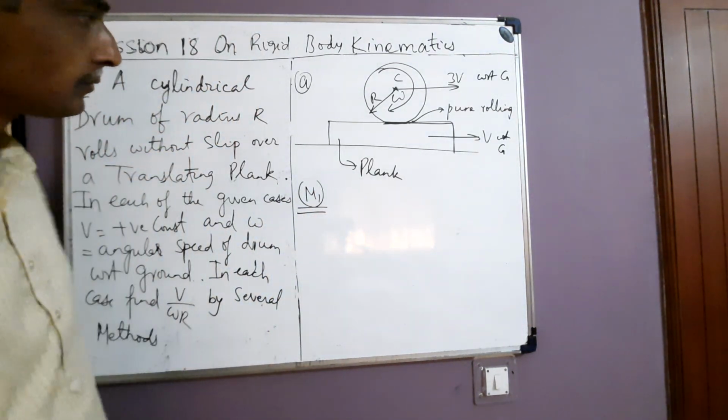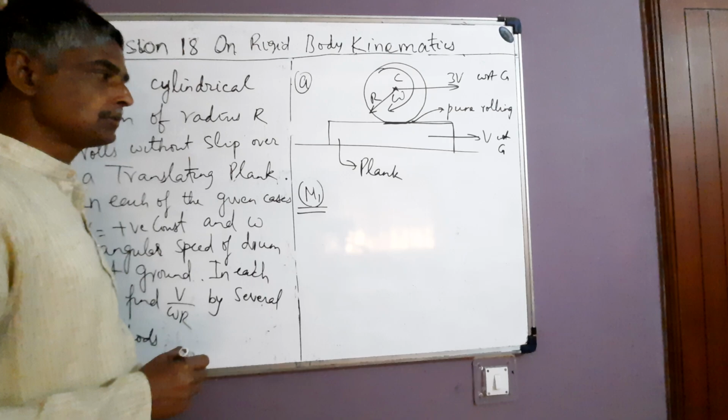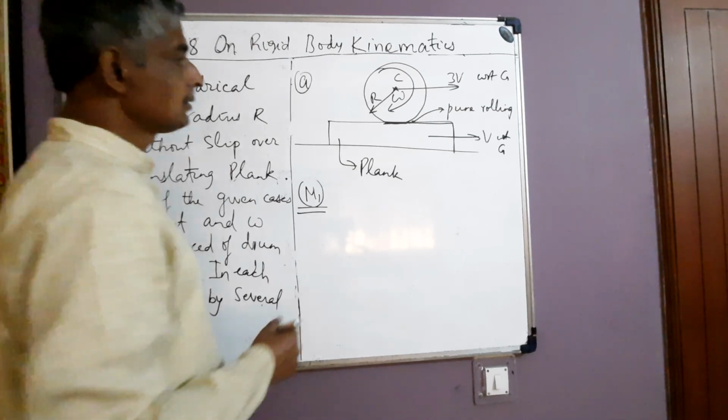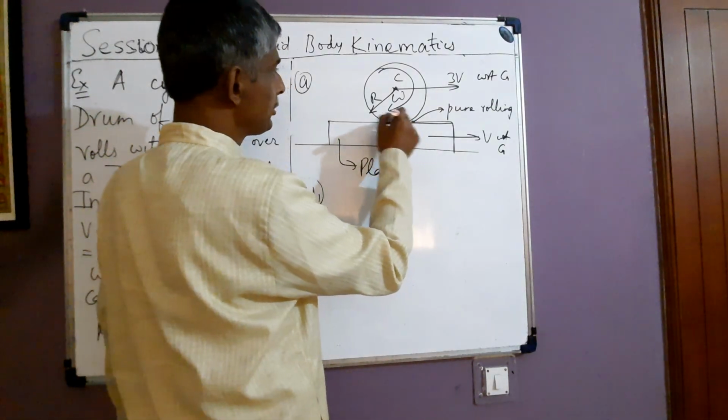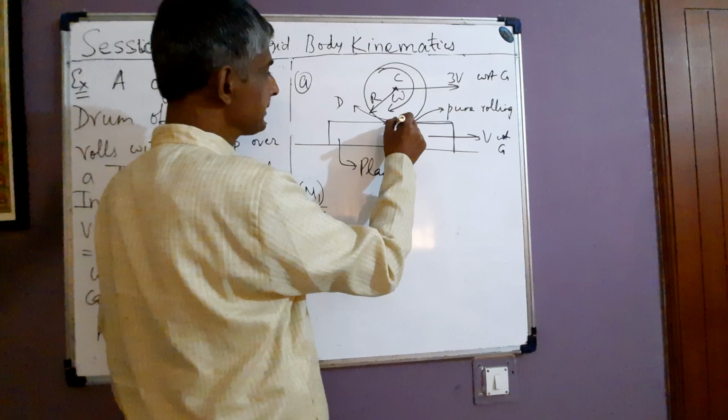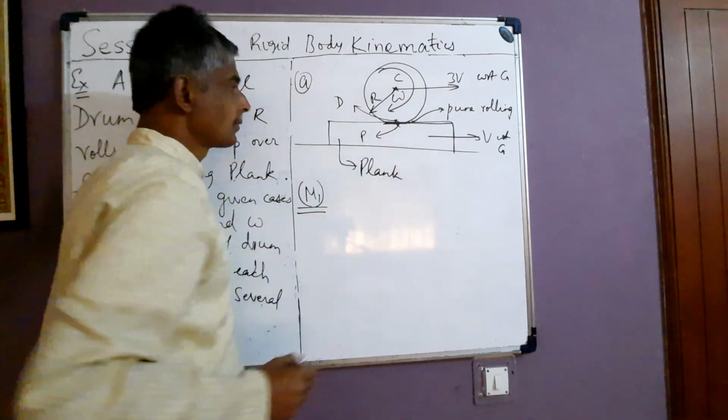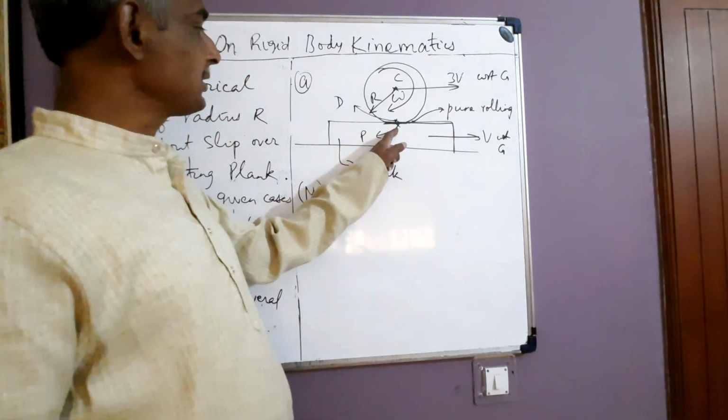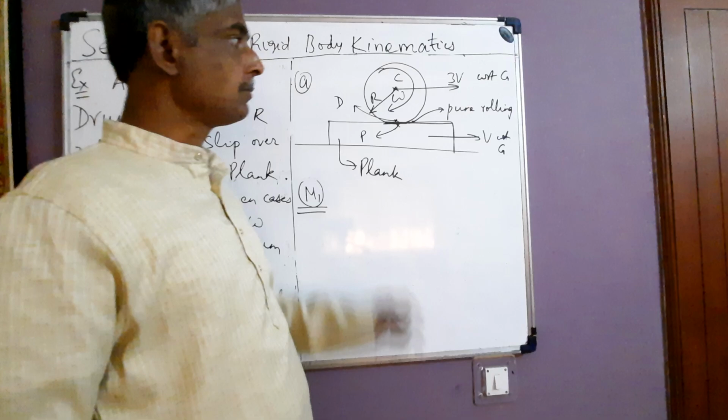Now how to solve it in method 1? I will take the contact point of the drum to be D and the contact point of the plank to be P. P is the material point of the plank in contact with the material point D of the drum.